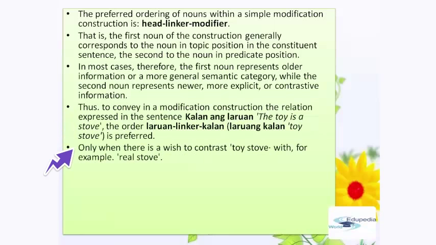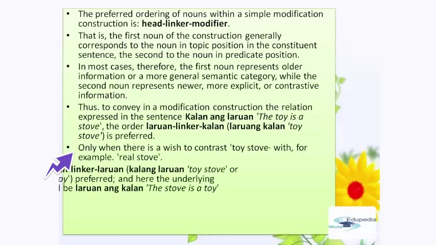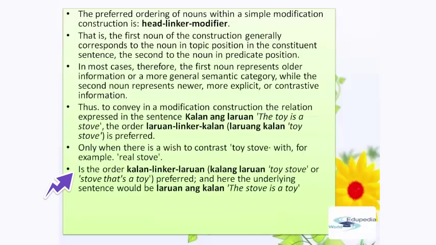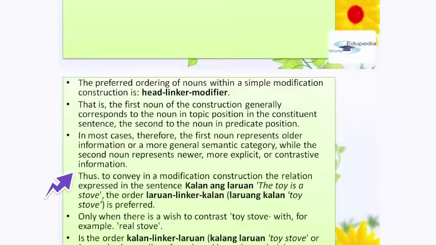Only when there is a wish to contrast toy stove with, for example, real stove, is the order kalan linker laruan, kalang laruan, toy stove, or stove that's a toy, preferred. Here the underlying sentence would be Laruan ang kalan. The stove is a toy.